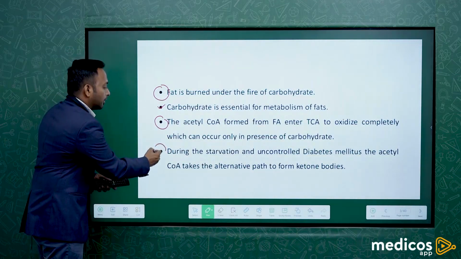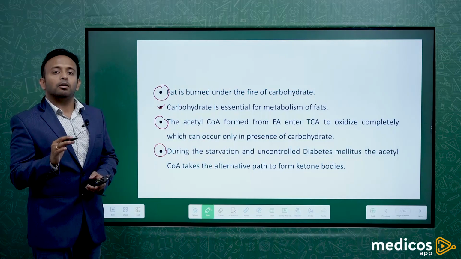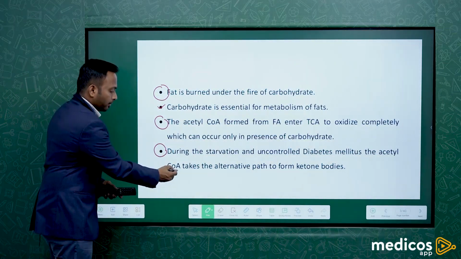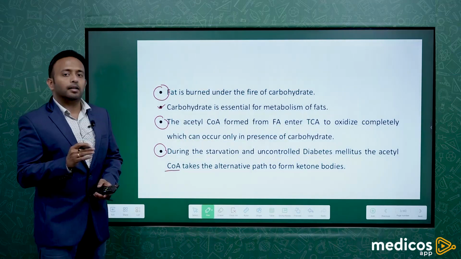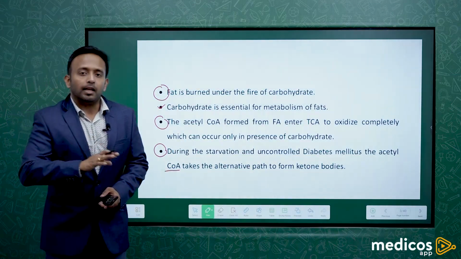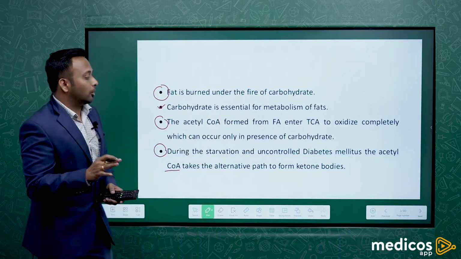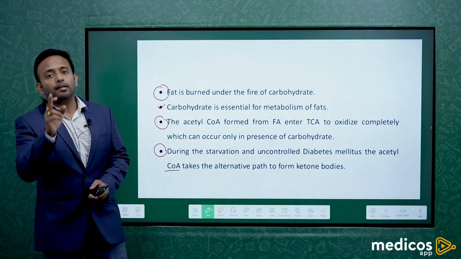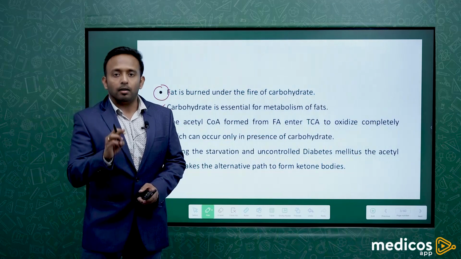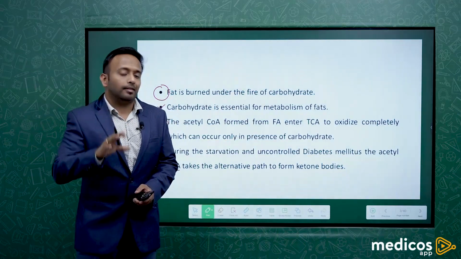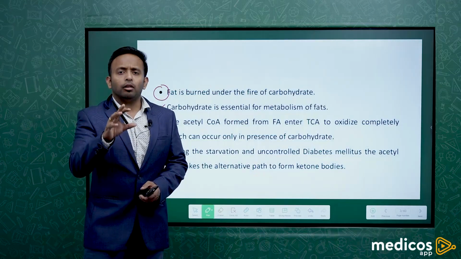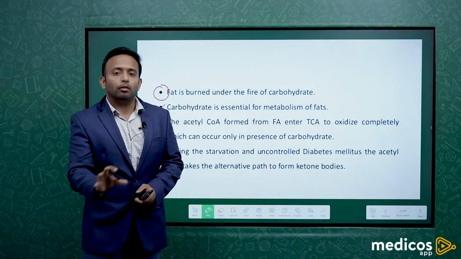But during starvation and uncontrolled diabetes mellitus, the acetyl-CoA derived from fatty acid degradation will take an alternative route. Why? Because the TCA cycle is busy in synthesizing glucose. In the gluconeogenesis pathway, the intermediates are taken from the TCA cycle, because of which the TCA runs at a very slow rate.